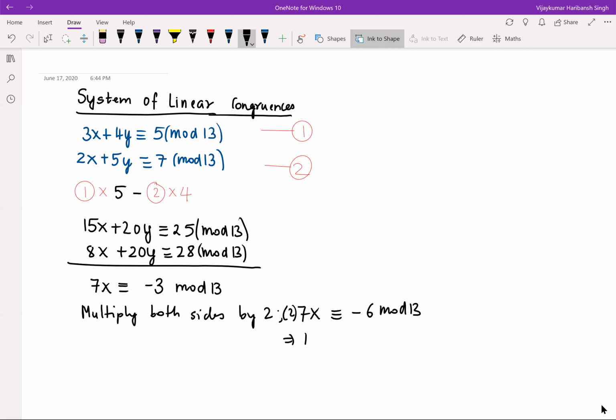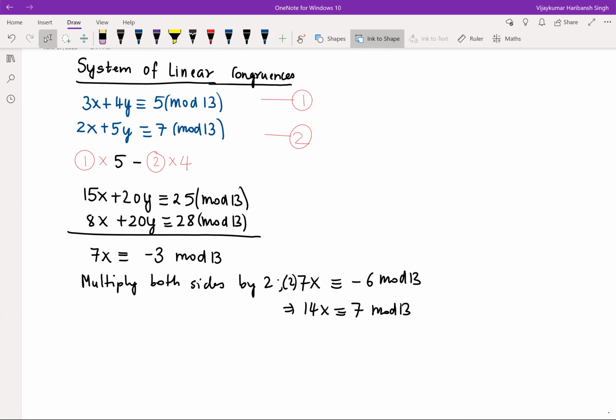This gives 14x is congruent to minus 6. Minus 6 is the same as 7 mod 13. Now 14 is the same as 1, because 14 mod 13 is 1, so we get x is congruent to 7 mod 13.